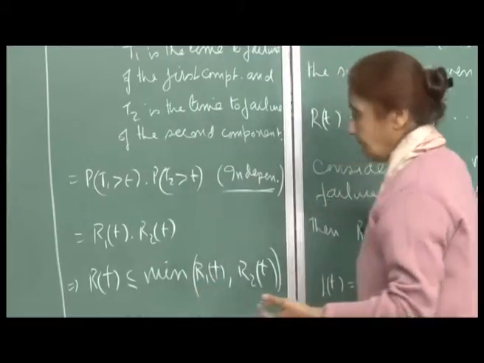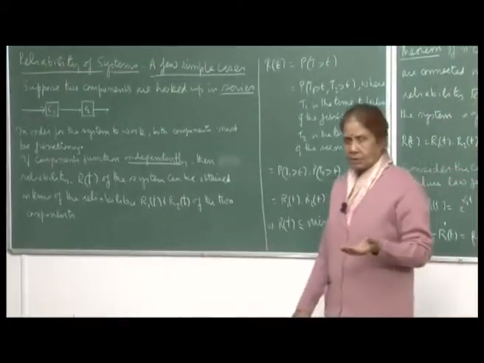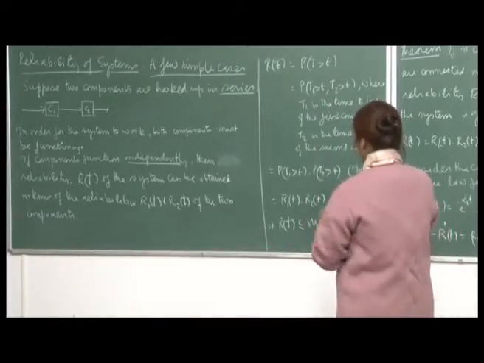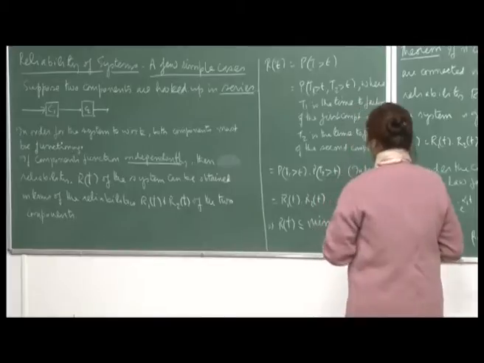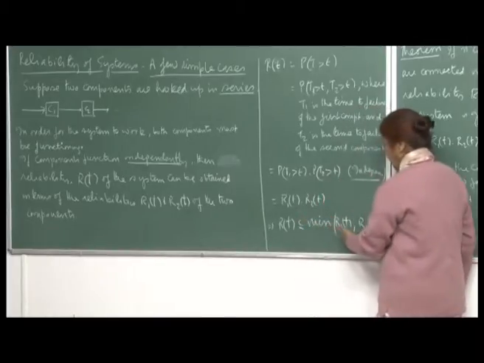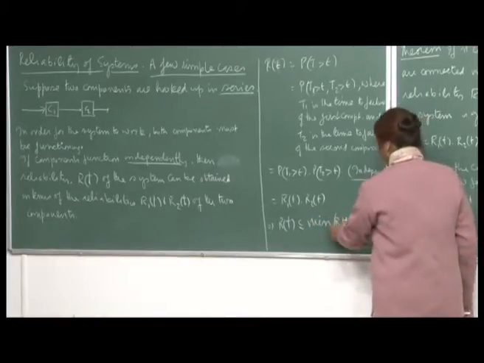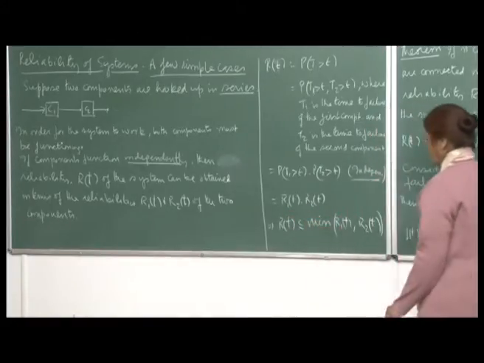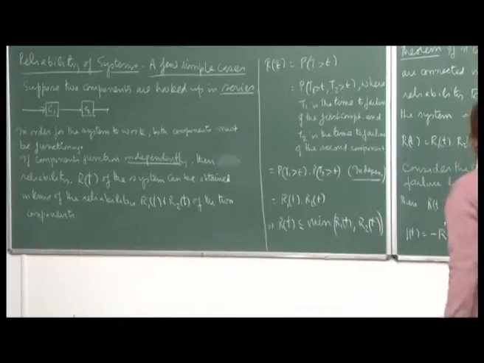That means the reliability goes down if you have components hooked up in series. Whatever the two numbers are, R(t) will be smaller than the minimum of the two at any time t.